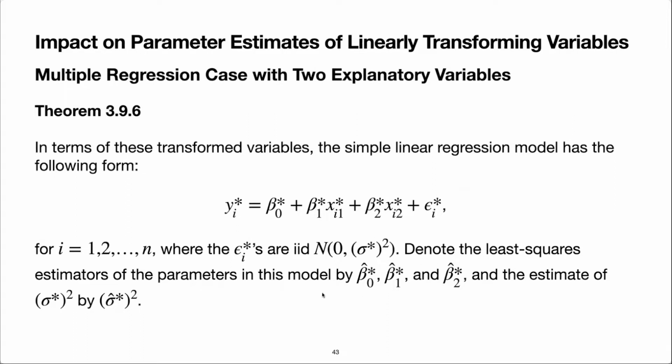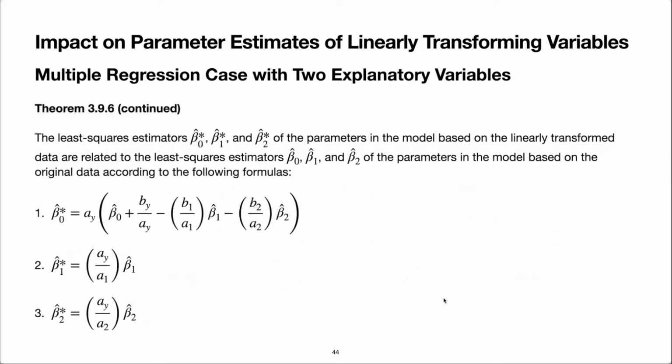And again, denote the least squares estimators of the parameters in this model by beta 0 star hat, beta 1 star hat, and beta 2 star hat. Then the least squares estimators of the parameters in the model based on the linearly transformed data are related to the least squares estimators beta 0 hat, beta 1 hat, and beta 2 hat of the parameters in the model based on the original data according to the following formulas.